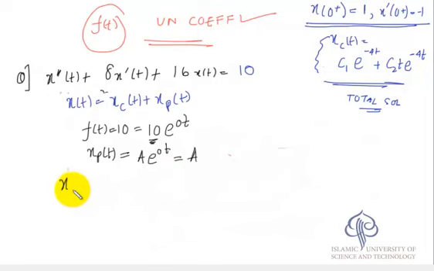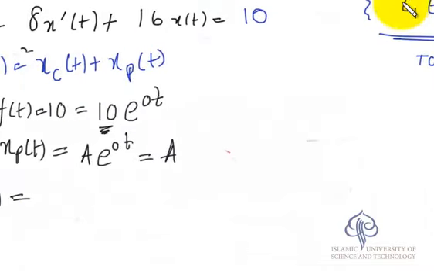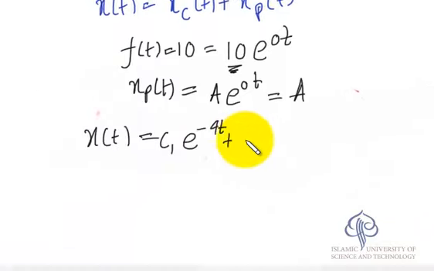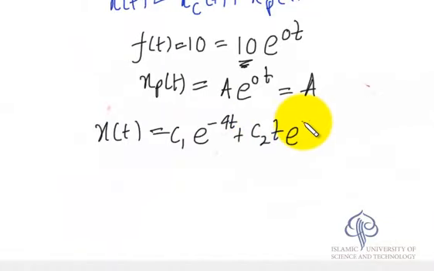So the total solution can be written as the sum of the complementary function plus the particular integral, which is c1 e to the power minus 4t plus c2 t e to the power minus 4t plus a. This is the solution. Now use the initial conditions.